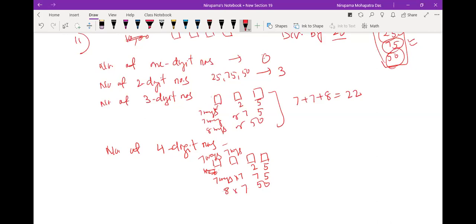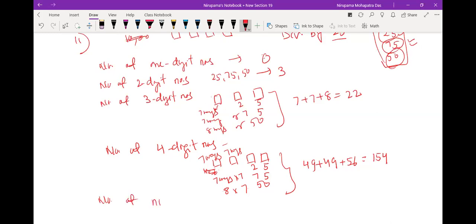So how many 4-digit numbers divisible by 25? 7 into 7, 49. Second subcase, also 49. And third subcase, 8 into 7, 56. So here you are getting 154.